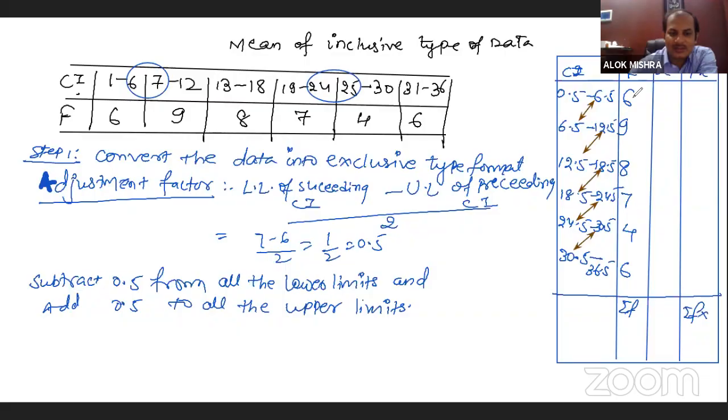That is class mark. What I need to do, simply I'm going to add both the numbers and then divide by 2. So this is 3.5. What is the next number? 9.5, 15.5, 21.5, 27.5 and finally we have 33.5.